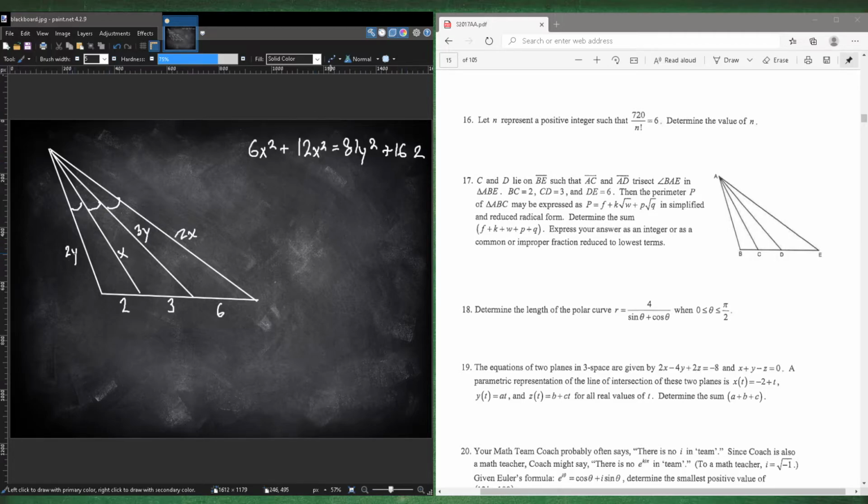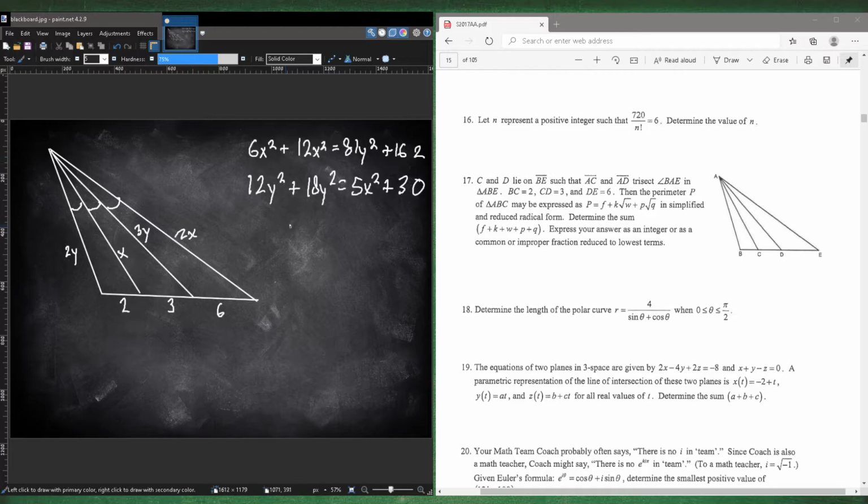And then for these two triangles, we have 2y squared, which is 4y squared, times your 3, which is 12y squared. This is still Stewart's theorem, so we used it twice and we get a system. And then 3y squared, which is 9y squared, times 2 is 18y squared, is equal to x squared times your distance, which is 5x squared, plus 5 times 2 times 3, so that's 10, and that's 30.